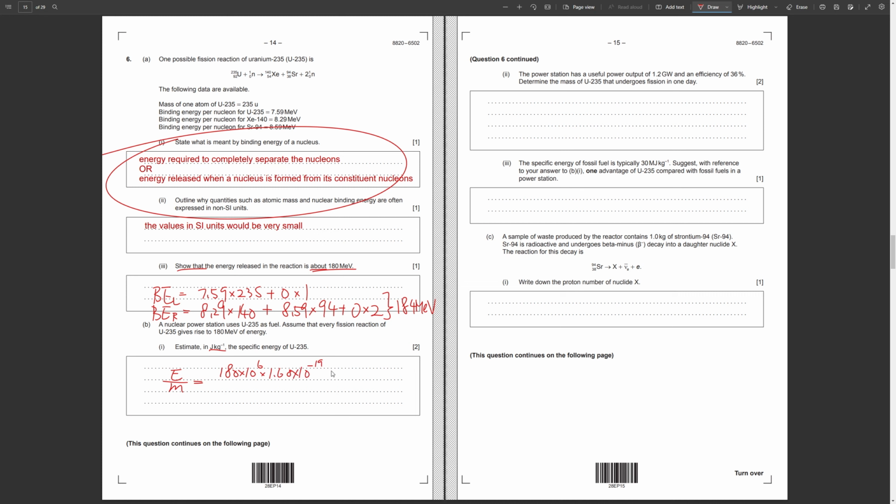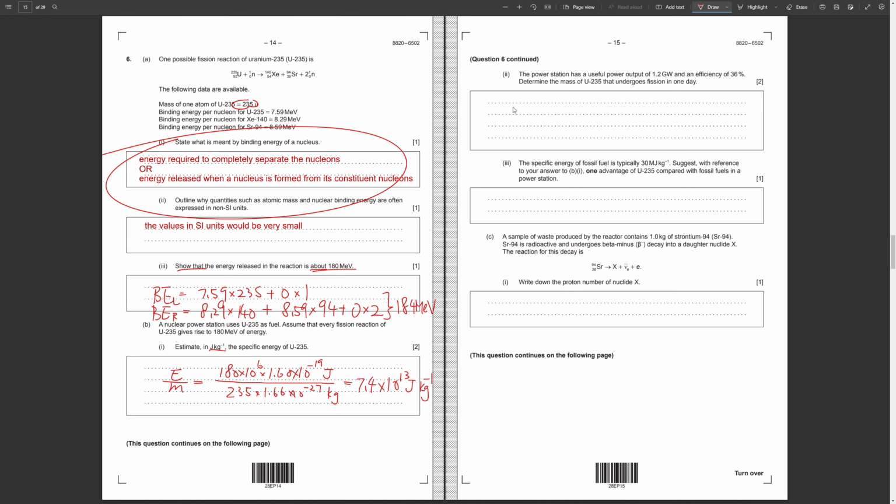Then this is the value in joules, followed by turning its mass into kilograms, because the given mass is in u, then you have to turn it into kilograms. It's 235 u times 1.66 times 10 to the power of negative 27, and it will be in kg. Put these into your calculator, then you will get 7.4 times 10 to the power of 13 joules per kg.